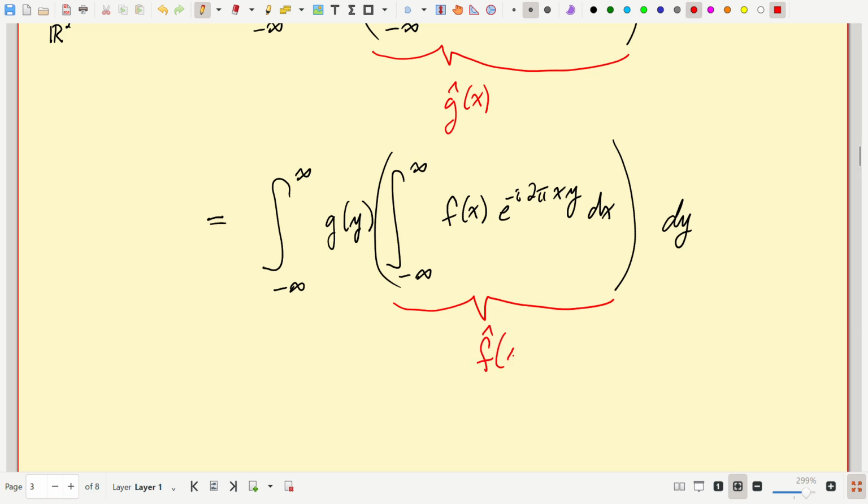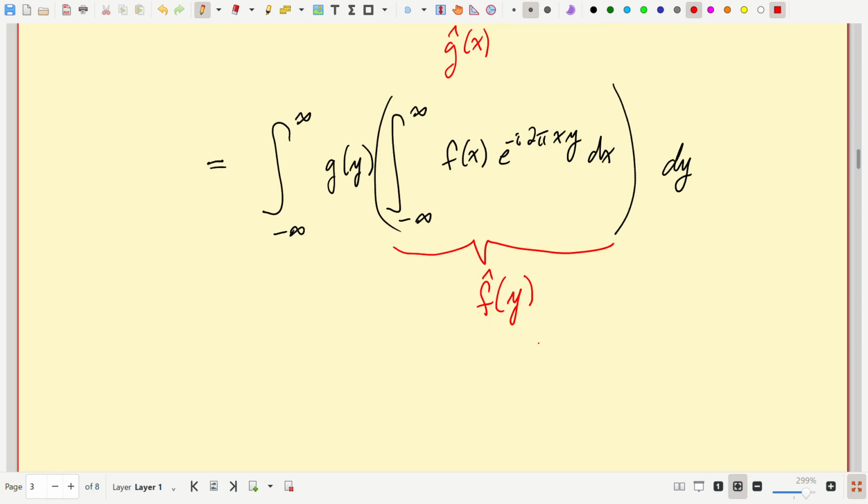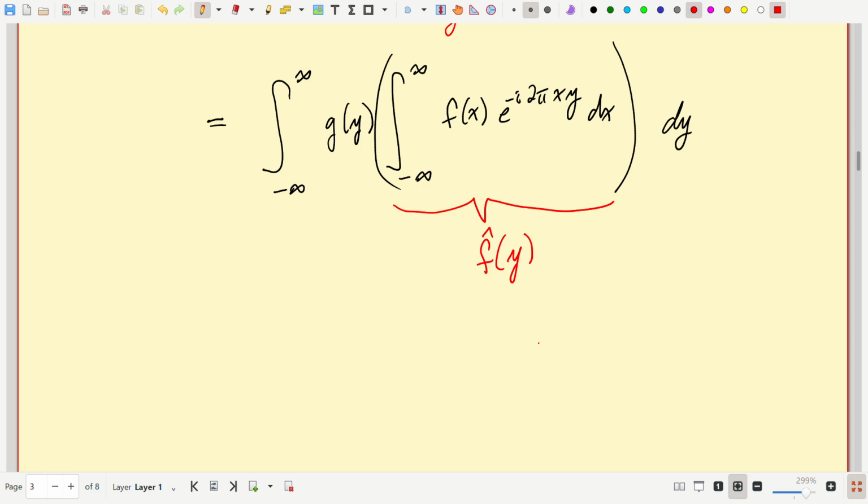So I get an integral of g of y times f hat of y dy. And that's when I realize, oh, that y is a dummy variable, change it back to an x. So we're done. Y is a dummy variable. I don't know why they call it that.